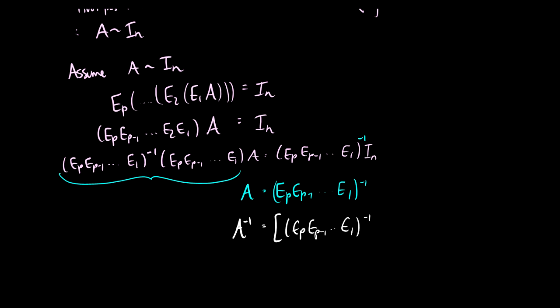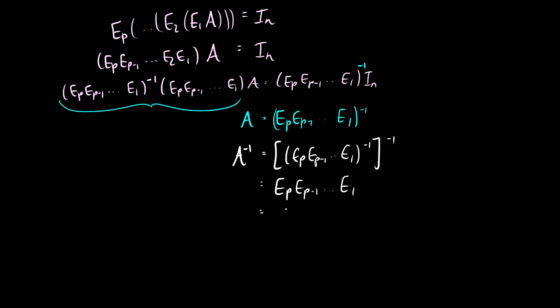We take our product of elementary matrices and then take its inverse, and what do we get? We just get the original product of elementary matrices. So what does this tell us? This tells us that A inverse is equal to all of these elementary row operations as matrices, which is the same thing as E_P through E1 times the identity matrix.